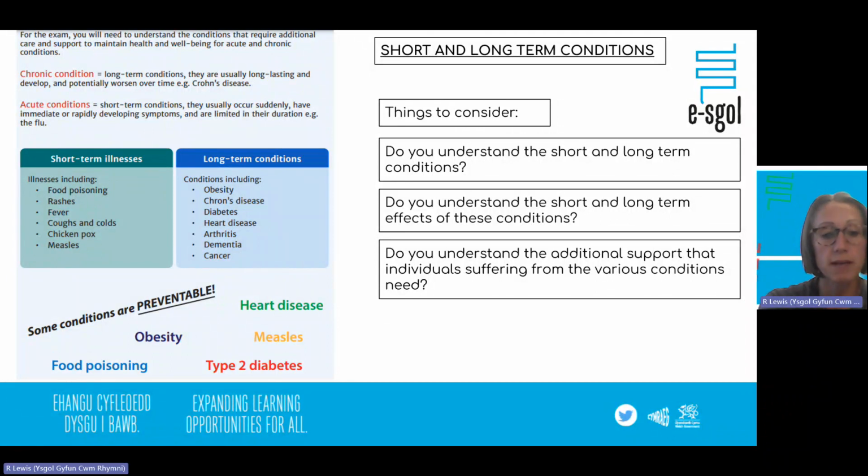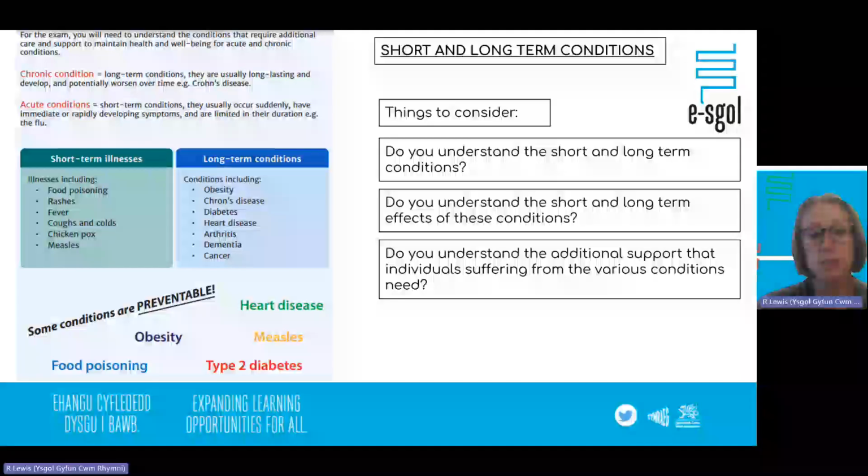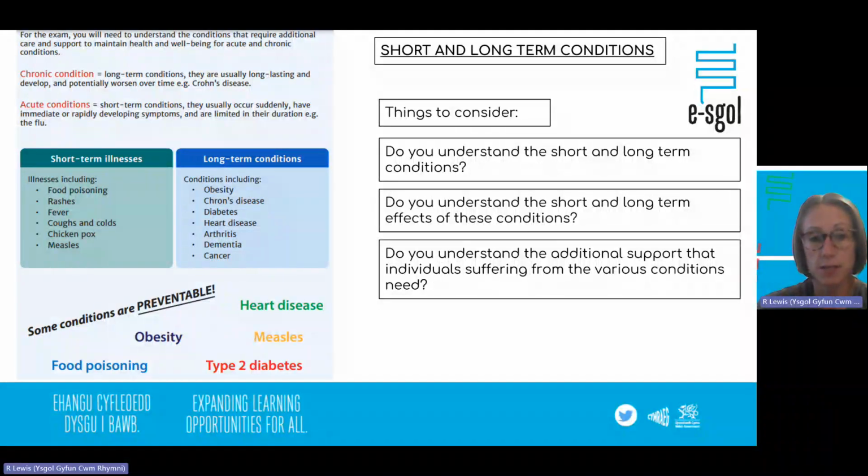Okay, we've also then, fortunately, got more long-term conditions, and this is long-lasting and can worsen or deteriorate over time. So examples of these are obesity, Crohn's disease, diabetes, heart disease, arthritis, dementia, and cancer.